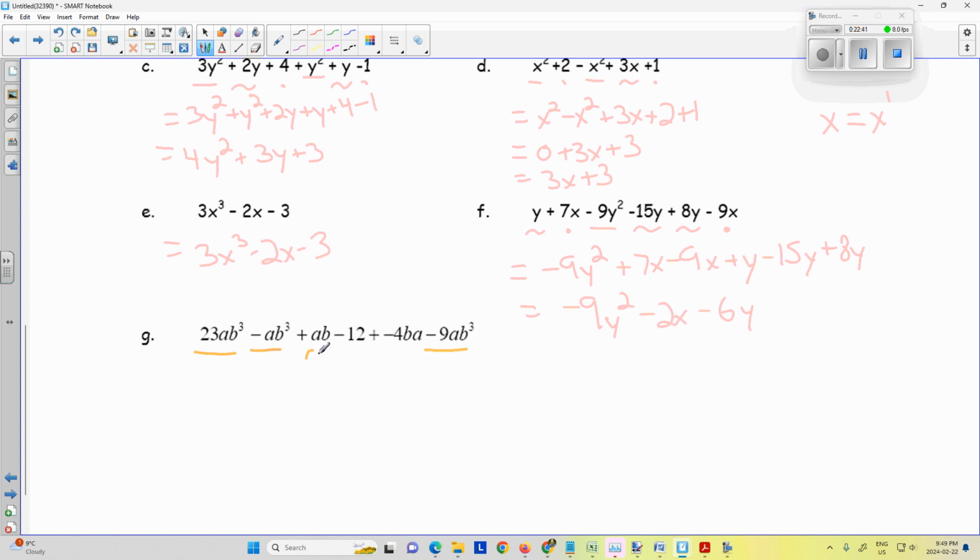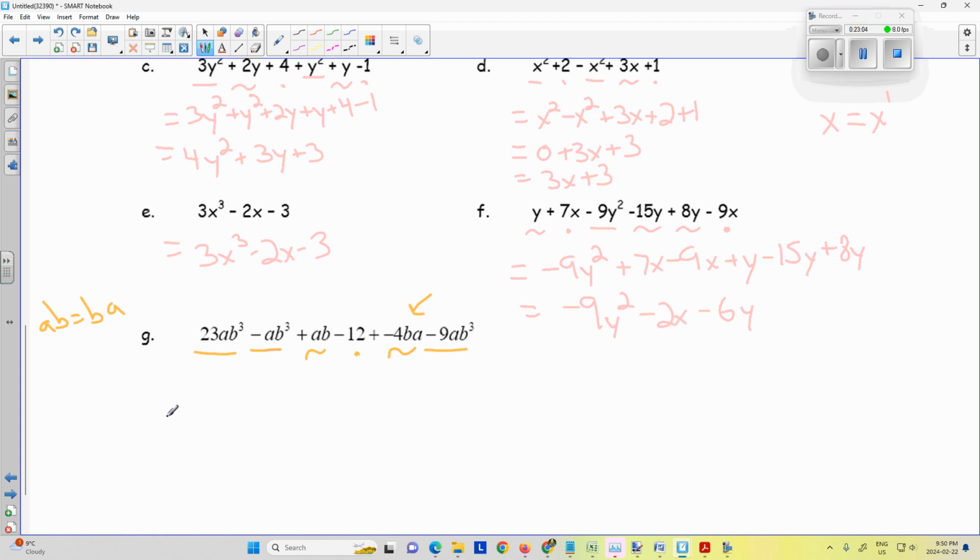Here I've got an AB, and I might look, do I have another AB? And I'm like, well, we tried to trick you. This is actually the same thing because A times B is the same as B times A for the most part. And in this case, it works. They're just out of order, actually. Somebody didn't communicate very well in this one. And I've got my constant here.